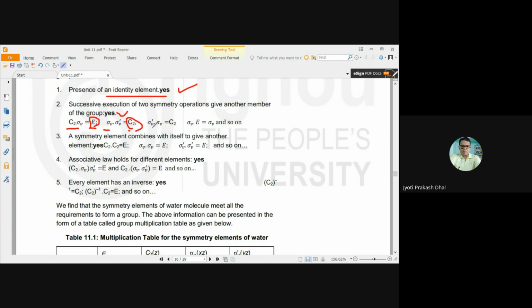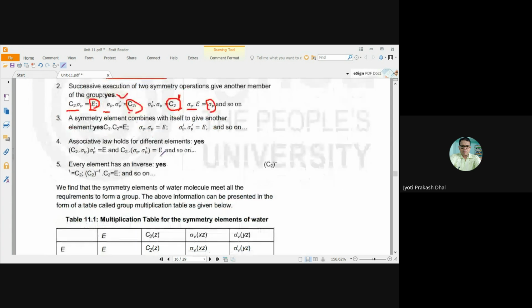Sigma v dash sigma v gives C2, which is also present. Sigma v E equals sigma v, also present. And the third condition, a symmetry element combined with itself gives another element, is also yes.